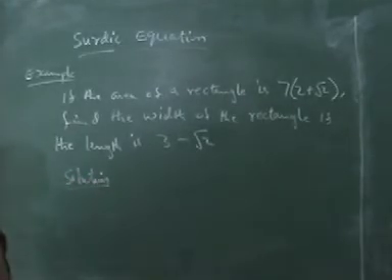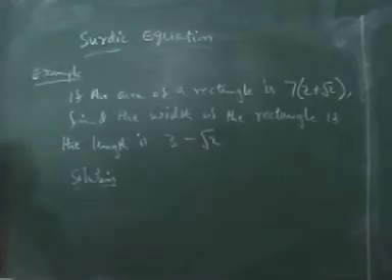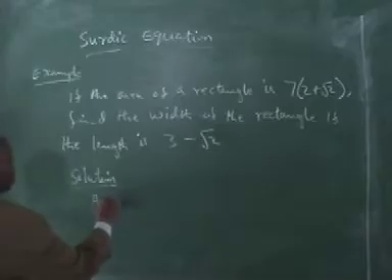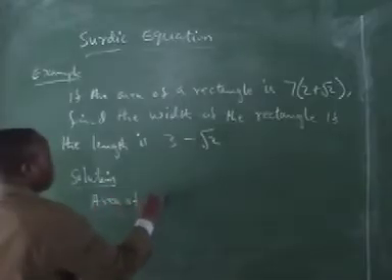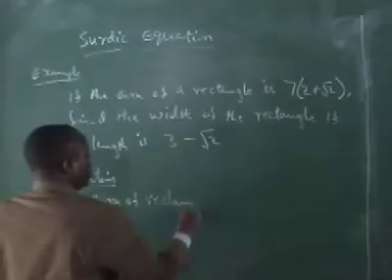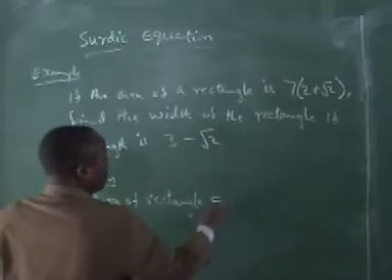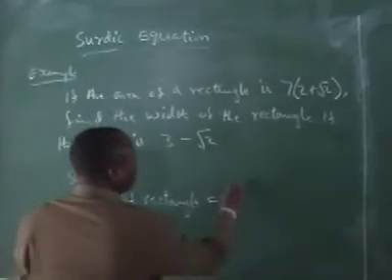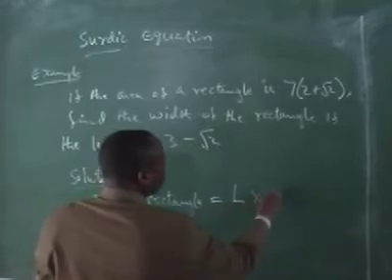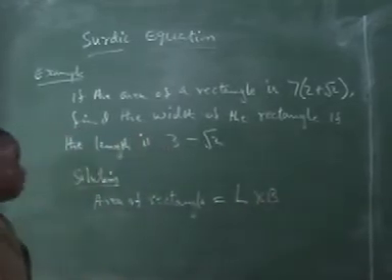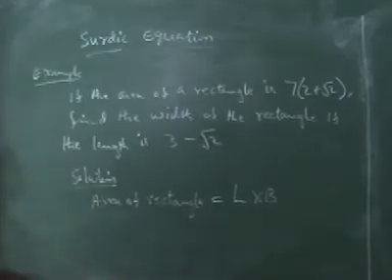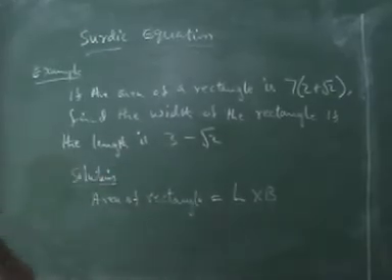The first thing we should know here is the formula for the area of a rectangle. The area of a rectangle is given by length times the breadth, or you say width. That breadth also means width.